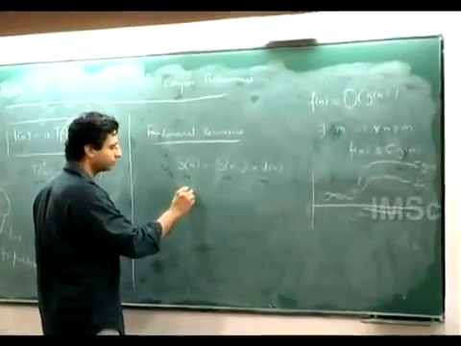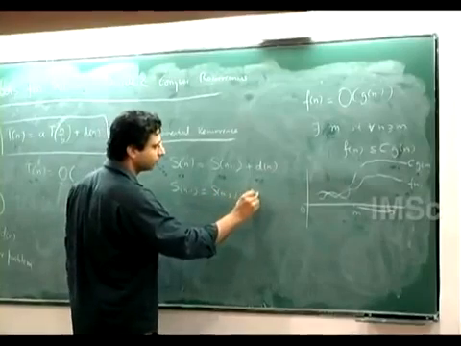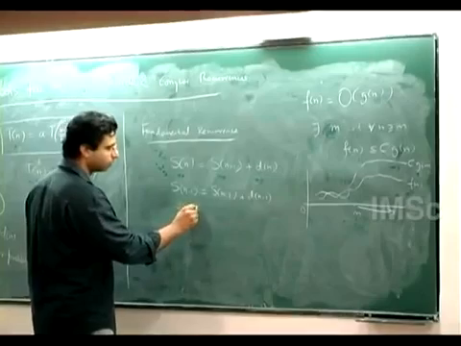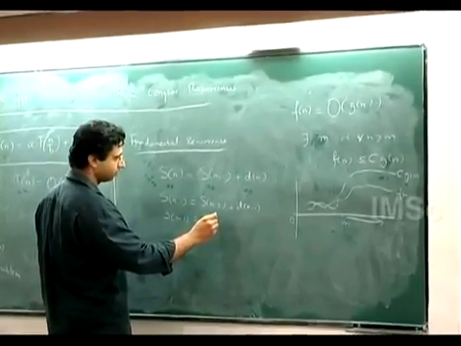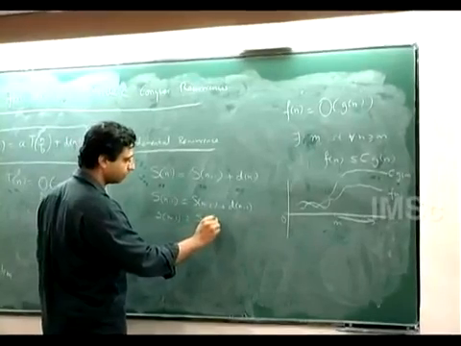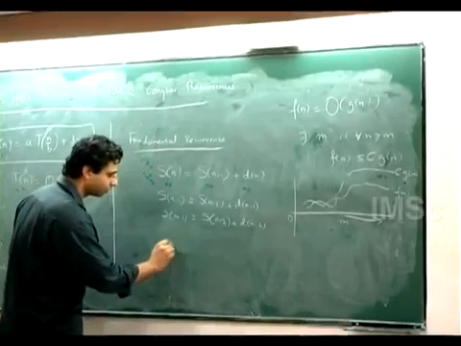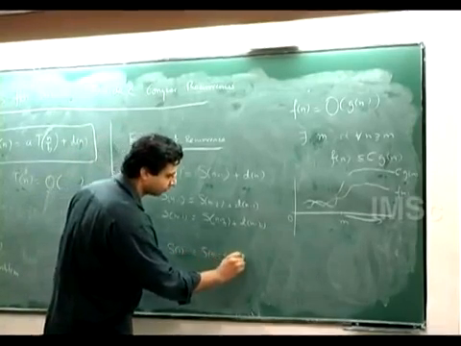I write S(n minus 1) is S(n minus 2) plus D(n minus 1), and similarly S(n minus 2) is S(n minus 3) plus D(n minus 2). So on, I'll get S1 is S0 plus D1.